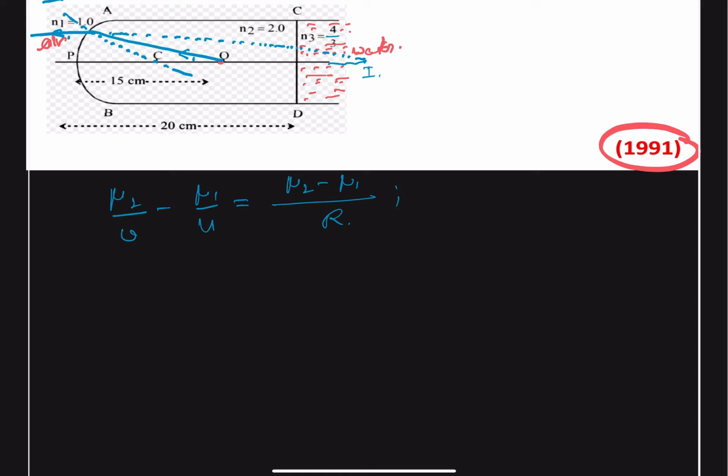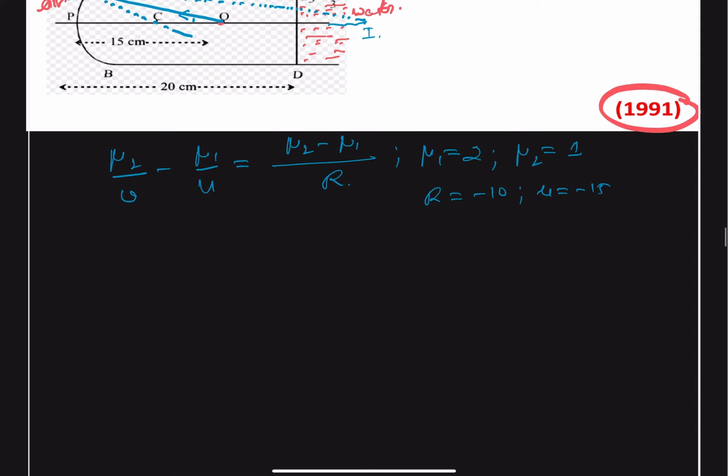For this particular question, mu1 is 2 and mu2 is 1, and the radius of curvature will be minus 10 because it is towards the left of the object, and U is equal to minus 15, because the rays are traveling towards the left and the object is toward the right.